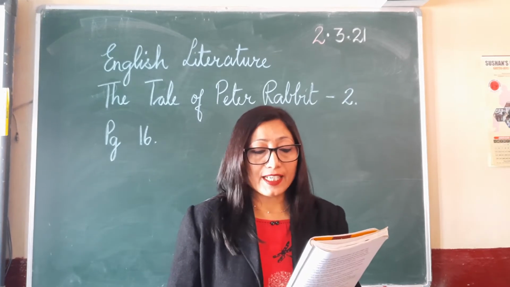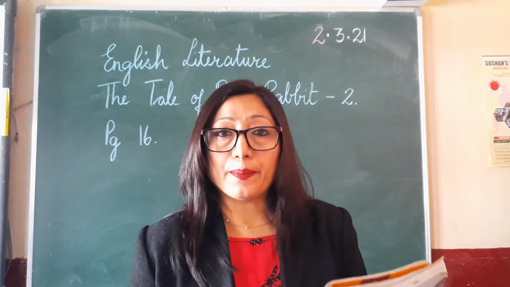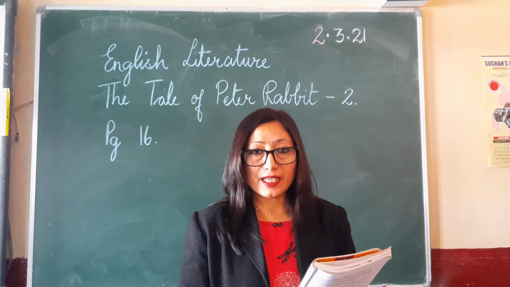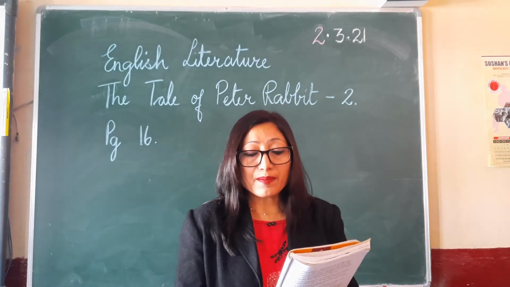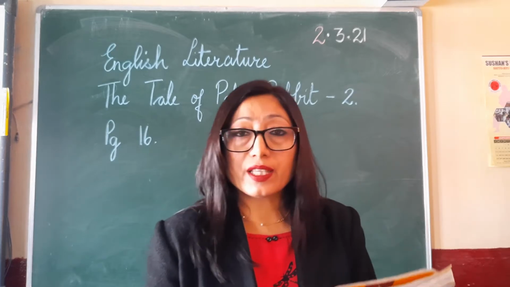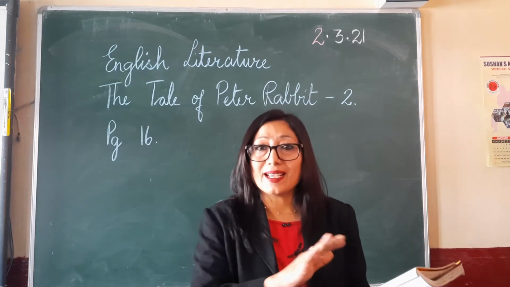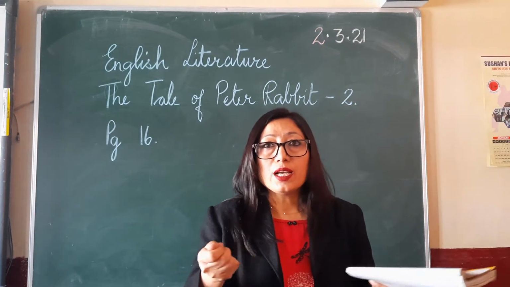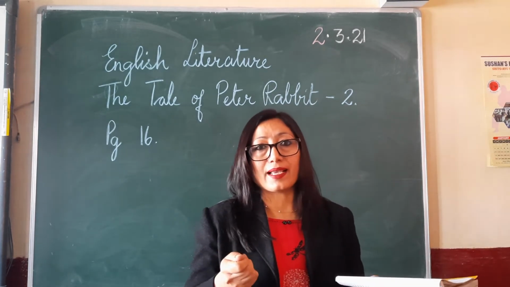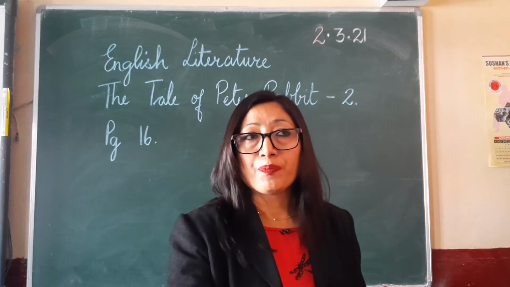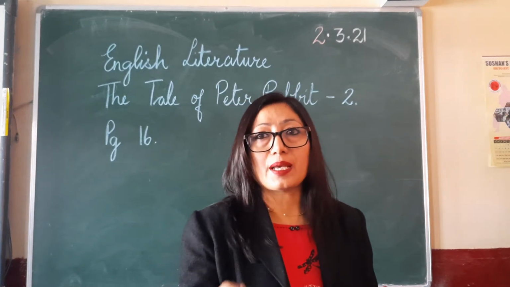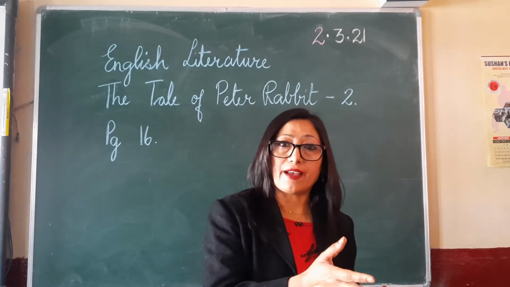Peter thought his end was near and shed big tears. So Peter started crying. Mr. McGregor came up with a sieve. A sieve is a tool, okay, which has a net in it, which you use to separate different things. Like sometimes at home, we use a sieve to separate the flour from the chaff.